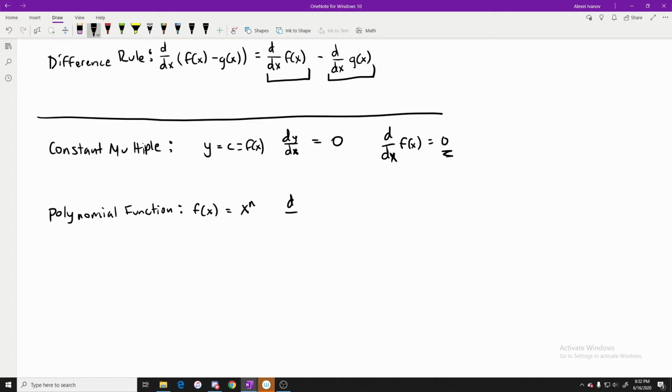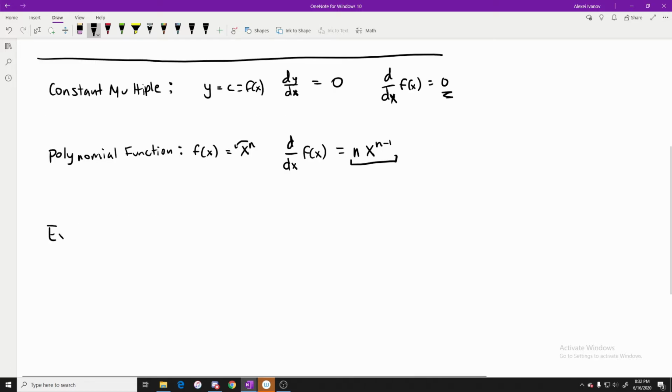And if we're being told to take the derivative of f of x, we can do that by dropping this power out to the front. So we would write n times x, and then we would subtract 1 from the power. So this right here is a very common formula for finding the derivative of polynomial functions, and all you do is drop that power and then subtract 1 from it.